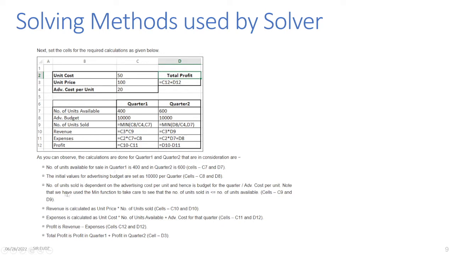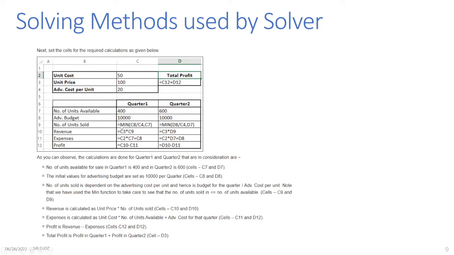The number of units sold is dependent on the advertising cost per unit, so it is the budget for the quarter divided by the advertising cost per unit. Note that we have used the minimum function to see that the number of units sold is less than or equal to the number of units available. This is in cells C9 and D9.